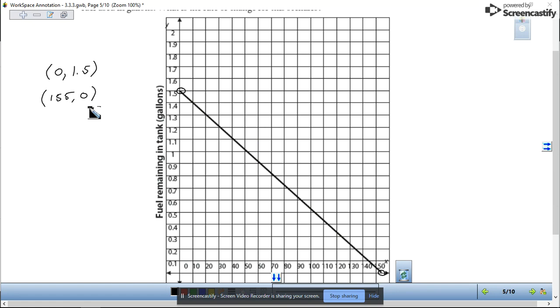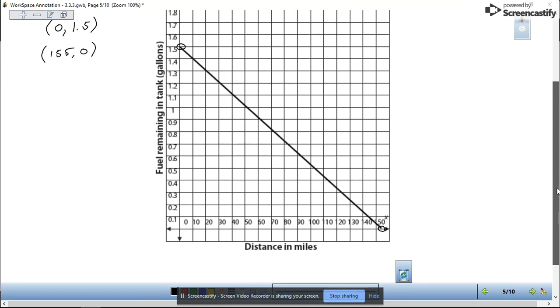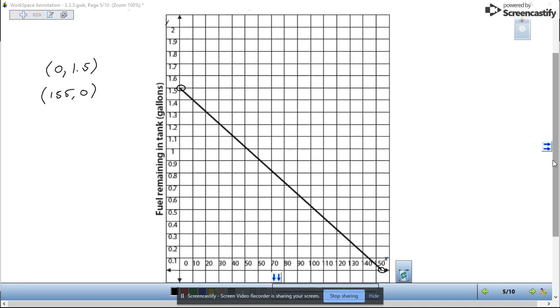Alright, make sure you understand the context of this problem. We have the fuel remaining in your tank as the y, and we have the distance traveled in miles. So if we calculate our rate of change, we're going to do y2, which would be 0, minus y1, which is 1.5, over x2, which is 155, minus 0.